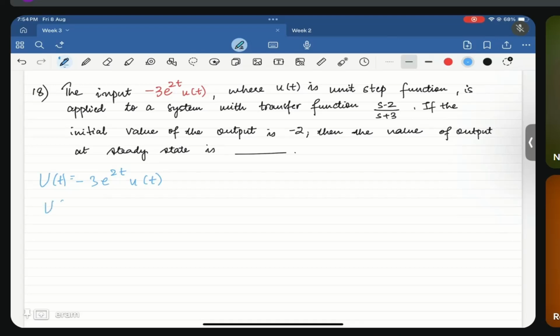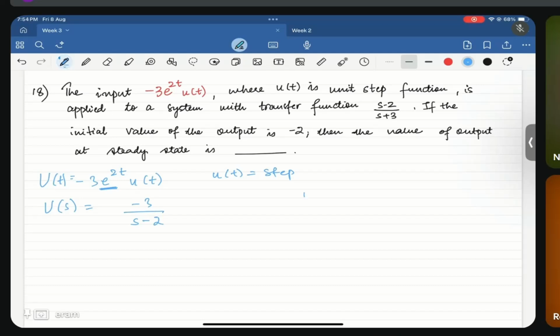So what is U(s), where u(t) is step? So it will be 1 by s, and there is this factor, so it will be minus 3 by s minus 2. Then the transformation of u(t) will give one more time 1 by s.